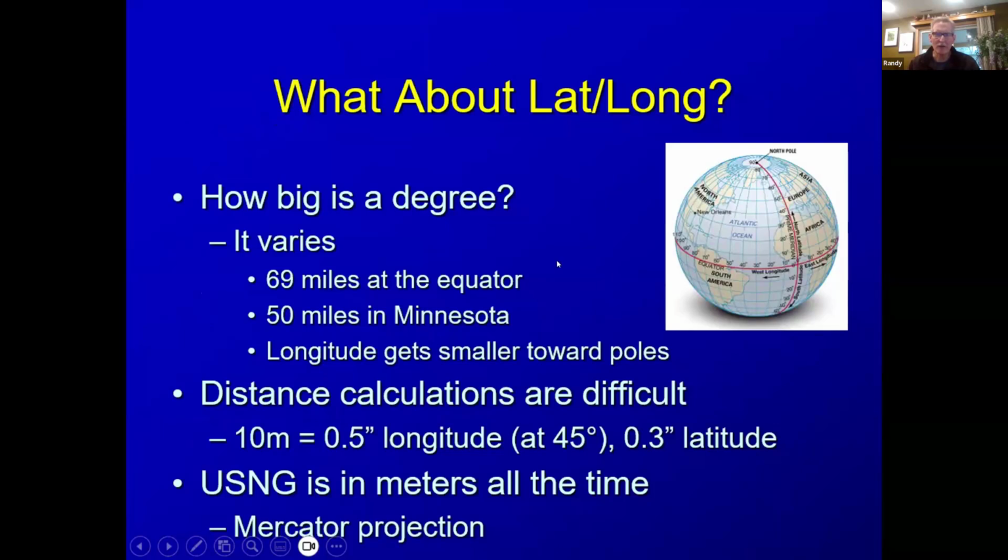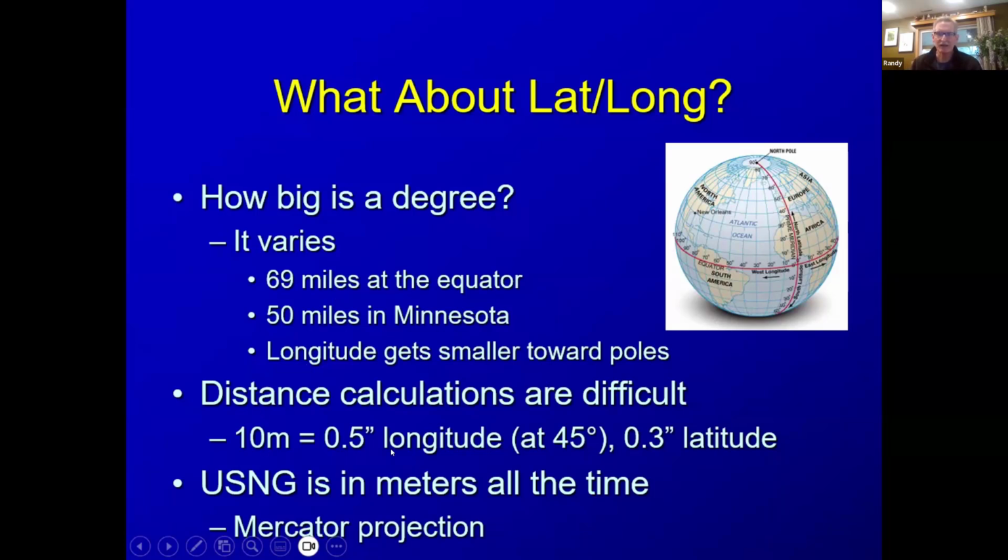And then fundamentally, what people say, why not use lat long? And the issue here is we don't really know how big a degree is. At the equator, the degree of latitude and longitude are approximately 69 miles. But as you move towards the North or South Pole, the lines of longitude converge, and degrees of longitude get smaller.